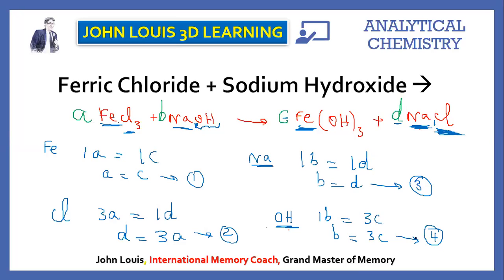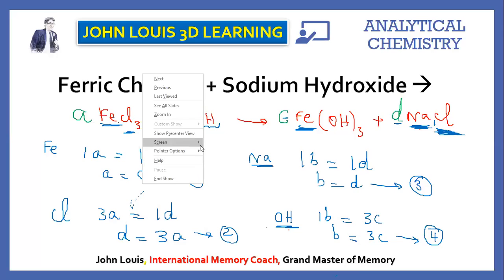Okay, now we have found out the relationship between all these A, B, C, D. Am I right? So let us consider A is equal to 1. So when A is equal to 1, substituting in equation 1, C also will be 1. Am I right? You got it or not? Yes, sir.